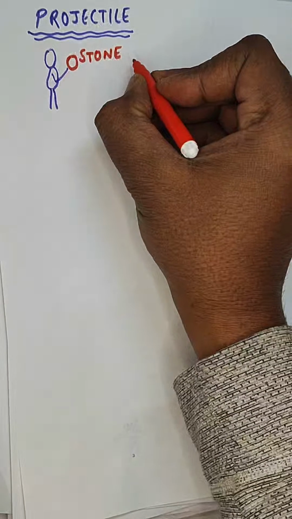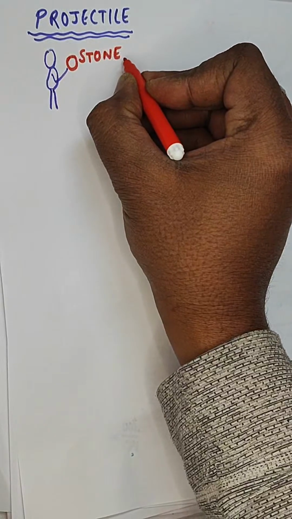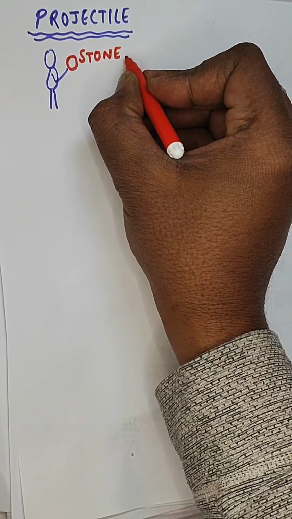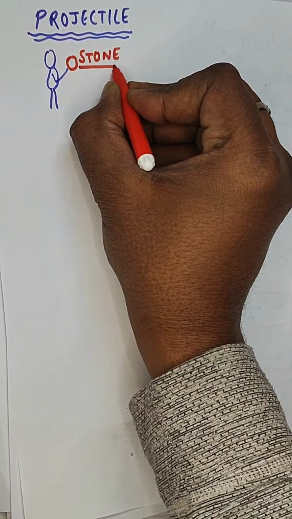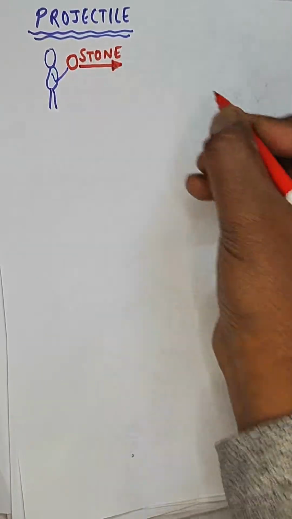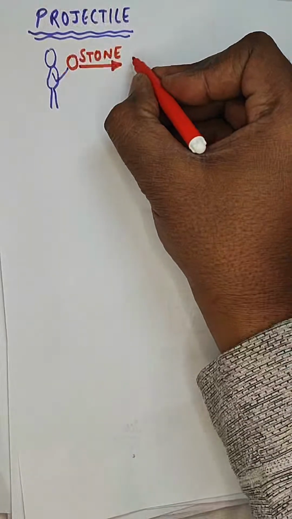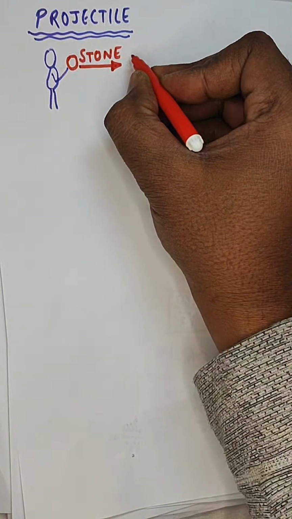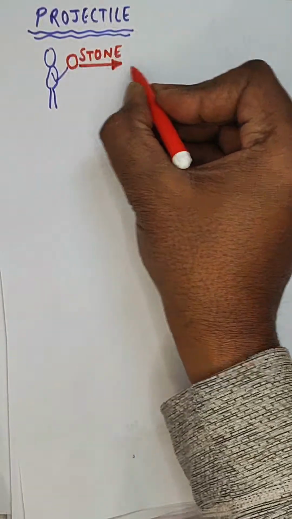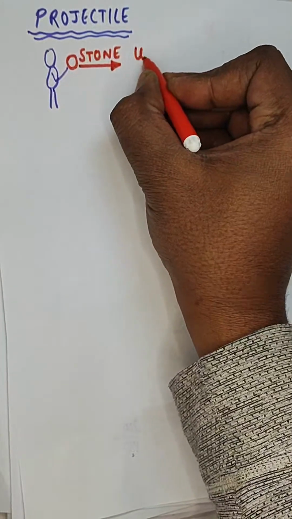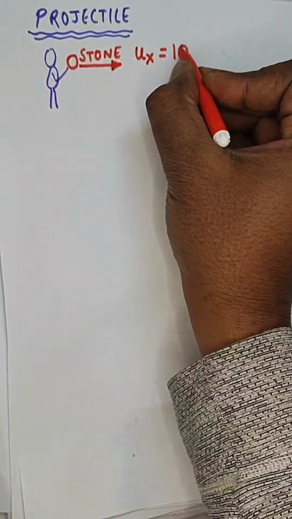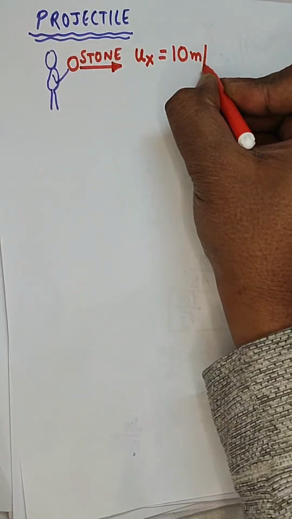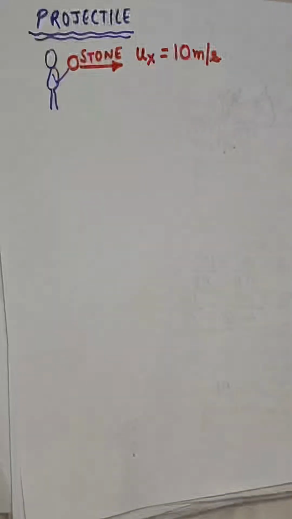So the velocity of this stone, let it be in this direction, and the velocity is given to you as 10 meter per second. So this will be the horizontal component, so we can say ux equal to 10 meter per second, isn't it?